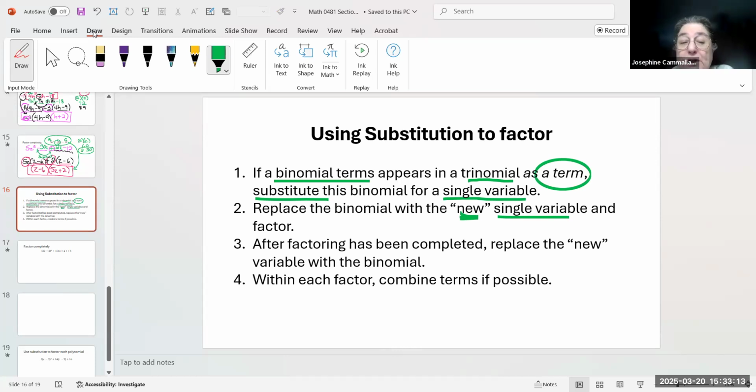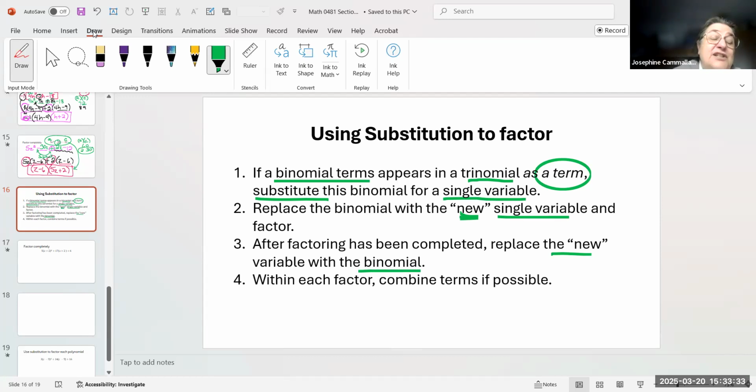And then we're going to factor. When we get done, we're going to replace the new variable with the binomial in the end. And that's going to be our final factors.